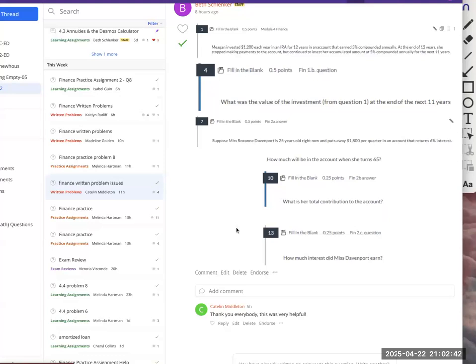So the formula for that, could you say what the formula was again, please? You tell me which one. Is it the principal, P, parentheses 1 plus R divided by N, to the NT? To the NT.